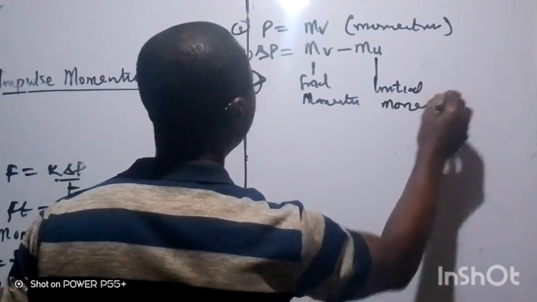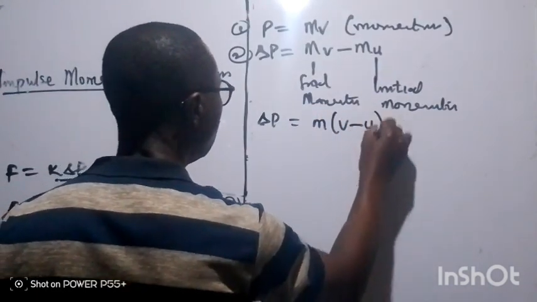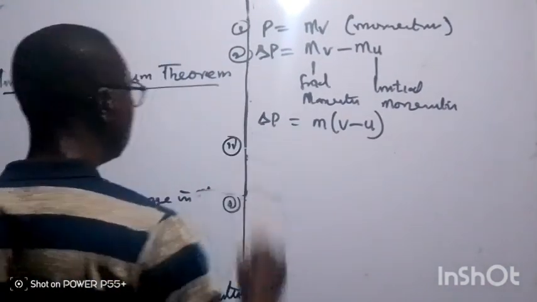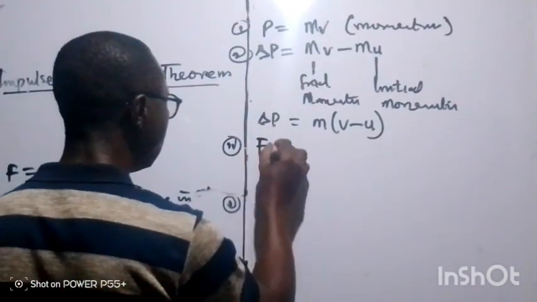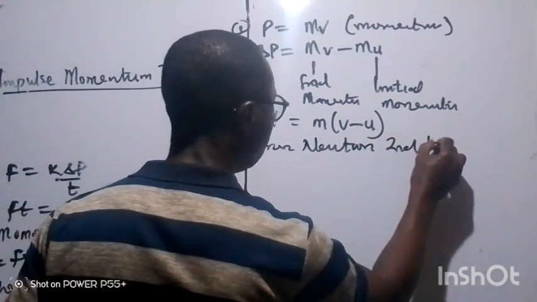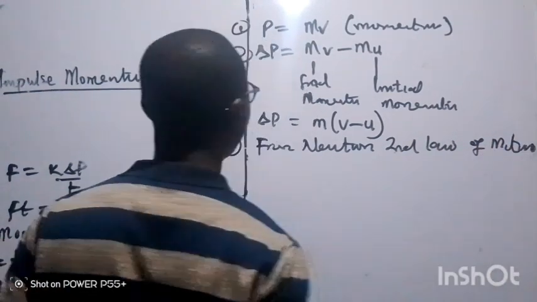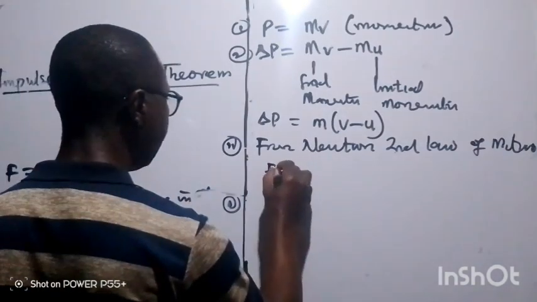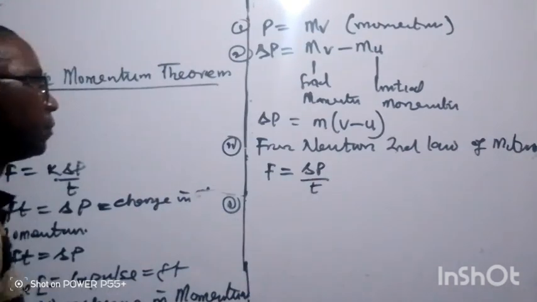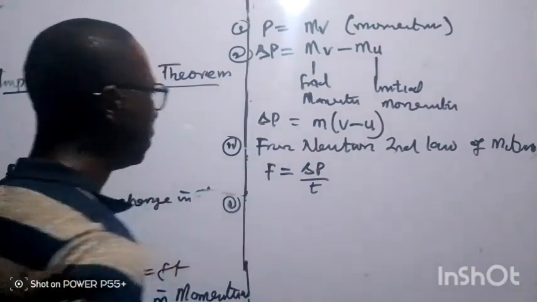From there, delta P is equal to m times (v minus u), since mass is constant. Number 3, from Newton's second law of motion, we arrive at the formula F is equal to delta P over t, where delta P is the change in momentum and t is the time taken.